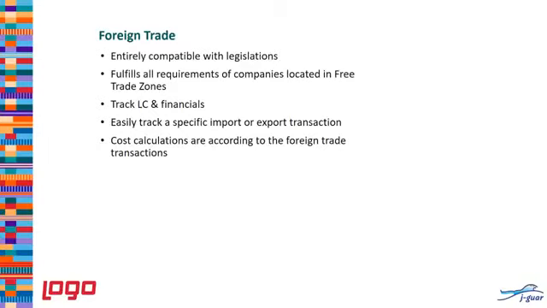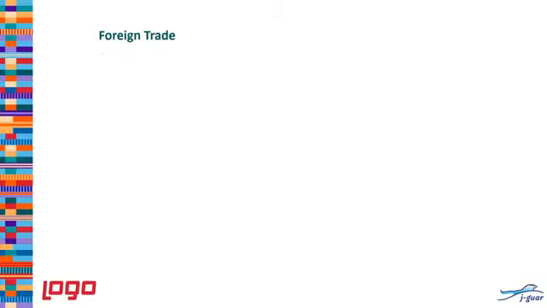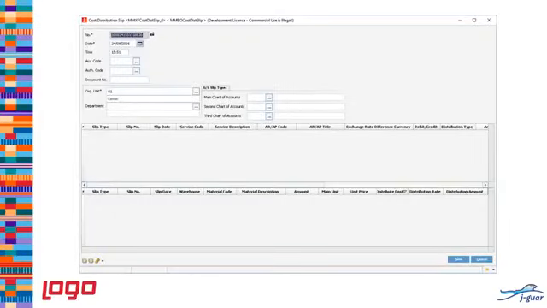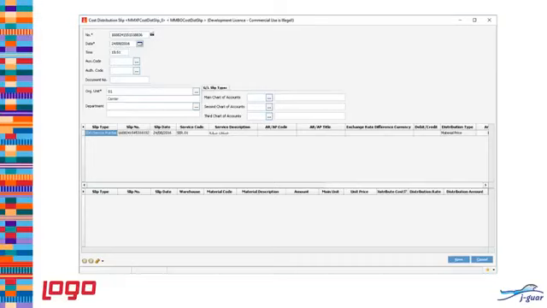Now, cost calculation is also very important. Here is an example of what it looks like. We call it cost distribution slips. Imagine you have a service, which is any service inside the company, customs clearance service, or some other sort of service that the cost needs to be distributed on top of the materials or the items that are being imported.